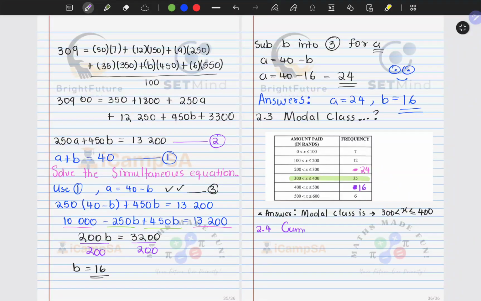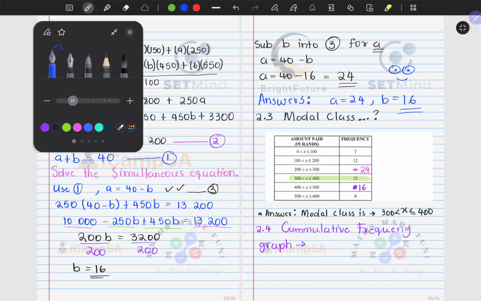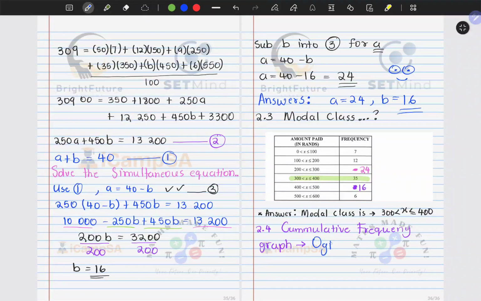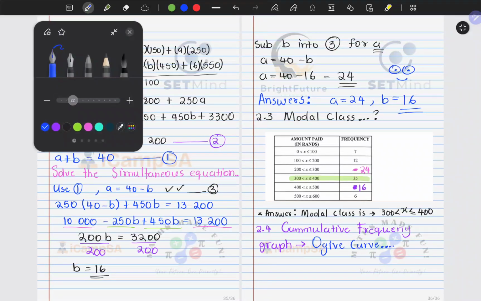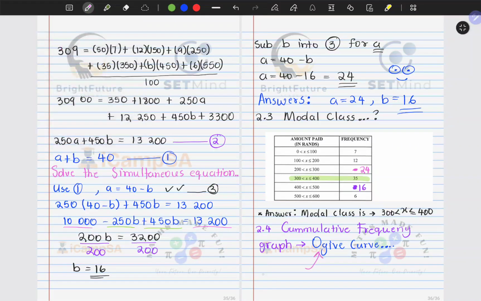All they are saying is we should draw the Ogive curve. And that's all we need to do. And in order for us to draw the Ogive curve, you need to remember that we need cumulative frequency. So that is what we require.